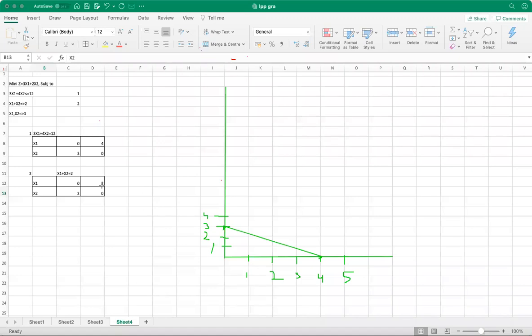And then I will say 0, 2 and 2, 0. Okay. Now the problem is that one equation says less than, another equation says greater than. Correct? Yes, ma'am.